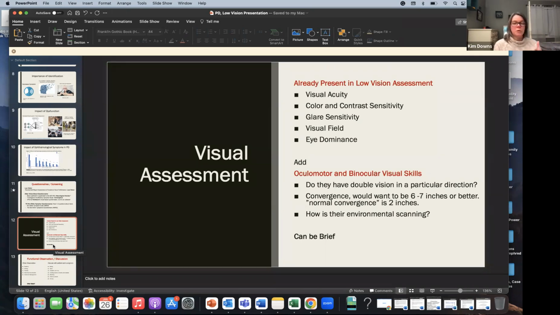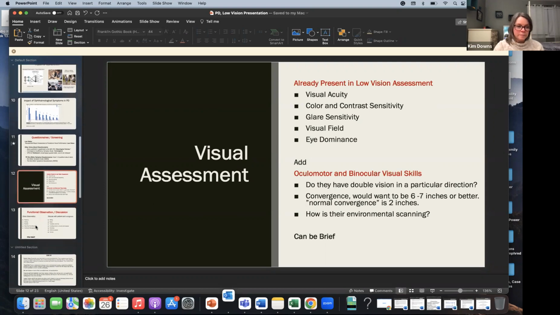Can they actually rotate their head to scan the environment, or are they trying to scan with their eyes and then having double vision or decreased ability to look around a room? If you have some artwork on the wall, you can ask, can you find me the picture with the flower in it? See how well they're able to look around their environment, especially if that person is driving.